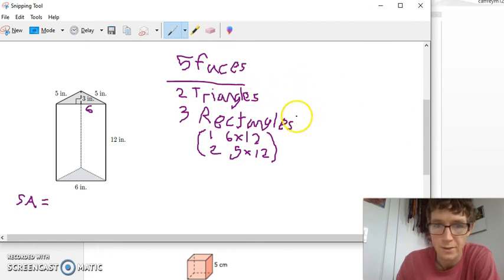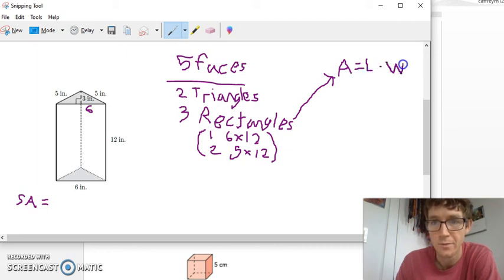For rectangles, area is equal to the length times the width. So for a 6 by 12 rectangle, that means the length is 6, the width is 12, or vice versa.